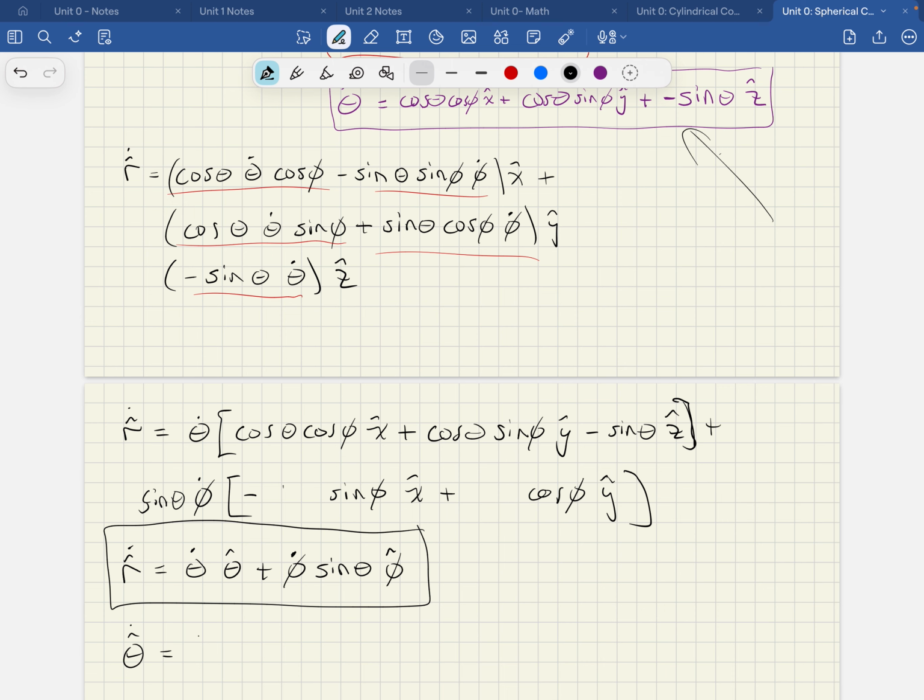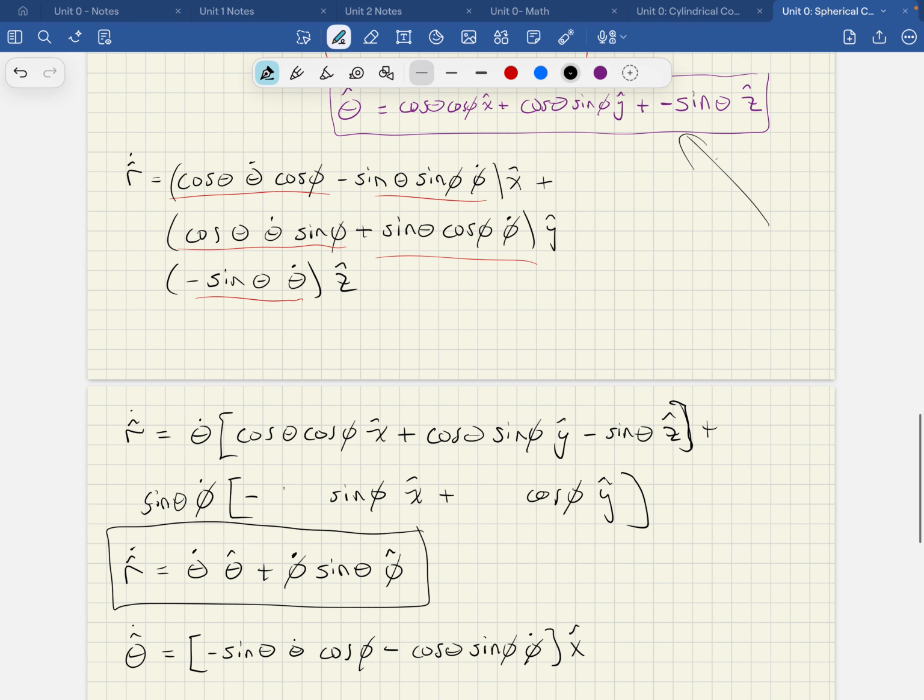So I'm going to get, I'm taking the derivative of cosine theta, so this is going to be negative sine theta, theta dot, cosine phi, minus cos theta sine phi, phi dot, and all of that is in the x hat direction.